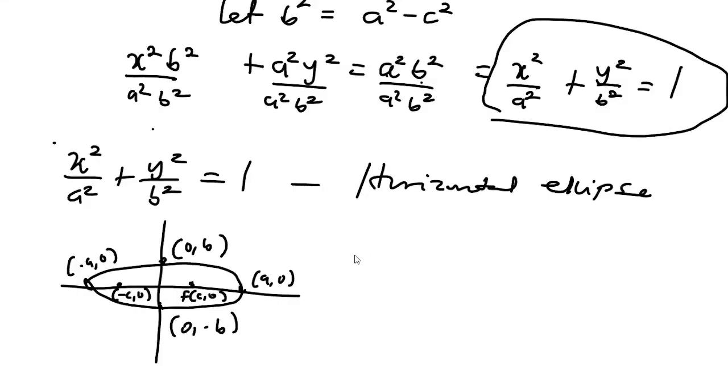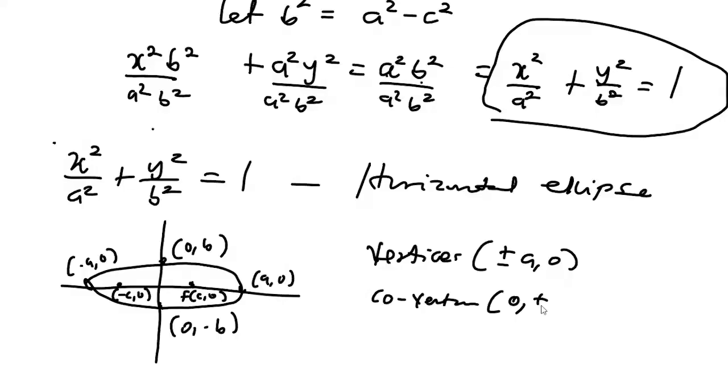So in this case, when it comes to this type of ellipse, when it lies on the horizontal axis, our vertex will be plus or minus a, 0. Then our co-vertex will be 0, plus or minus b.